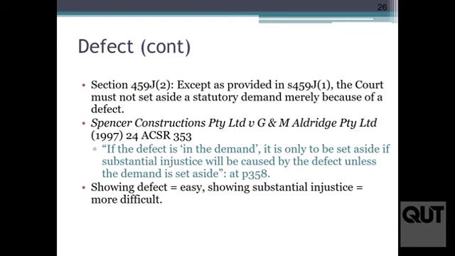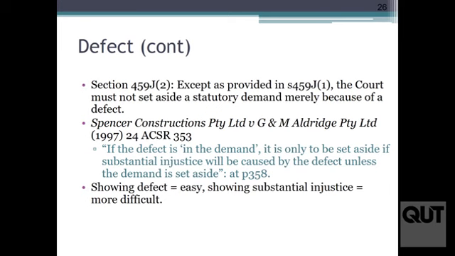So in the case of Spencer Constructions on your PowerPoint, the court said, if the defect is in the demand, it is only to be set aside if substantial injustice will be caused by the defect unless the demand is set aside. So that substantial injustice element is important.